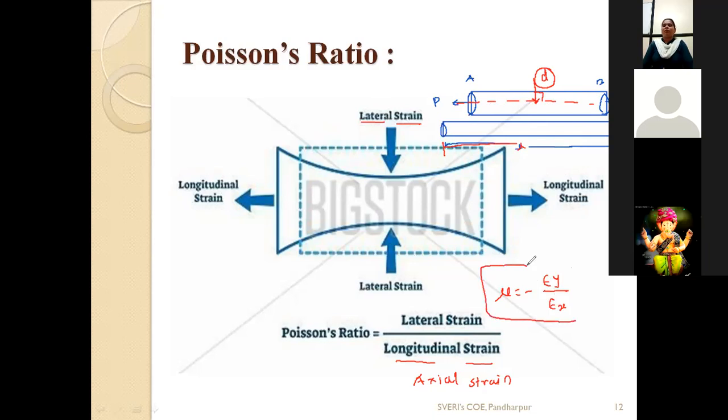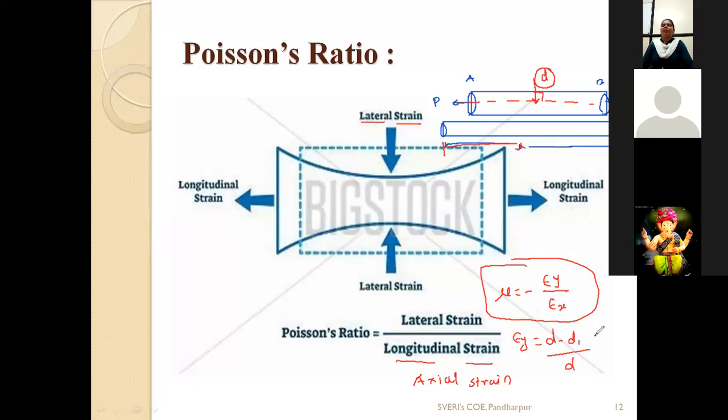Mu is equal to epsilon y divided by epsilon x, where epsilon y is equal to original diameter minus change in diameter divided by original diameter. This is called lateral strain.